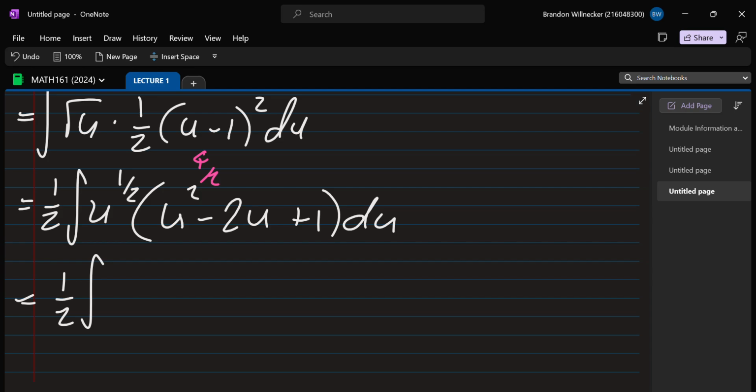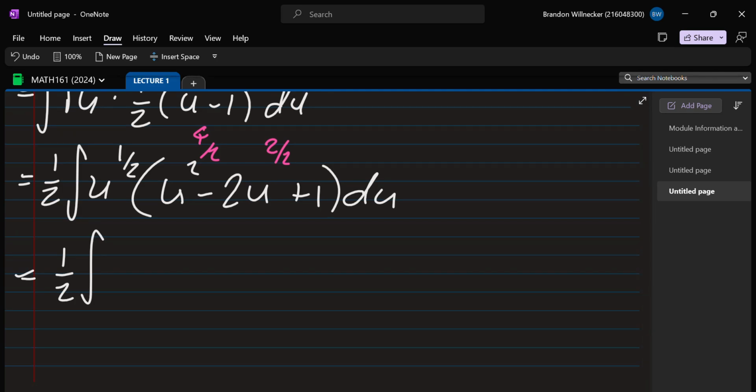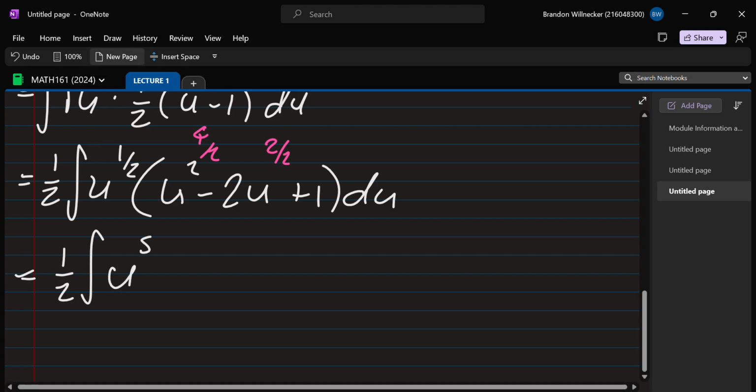We can write that as 2u to the 2/2. And the 1, we just leave that. So when we're multiplying inside, we're going to be adding the exponents. So u to the 1/2 times u squared, we're going to have to add the exponents, but that's the same as adding 1/2 and 4/2. That becomes 5/2. So this just becomes u to the 5/2.